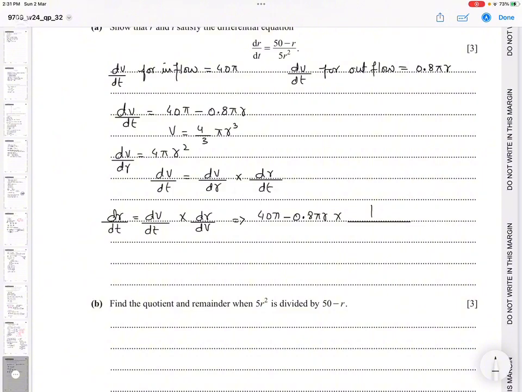Okay, 40 pi minus 0.8 pi r dr over dt over dv over dr is there. So we have to take its reciprocal, 1 over 4 pi r square.